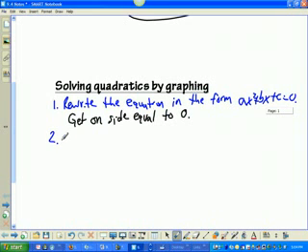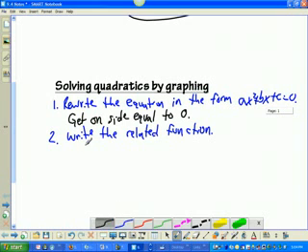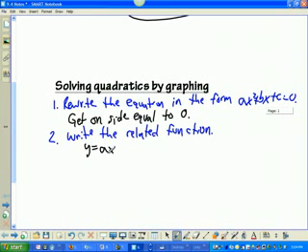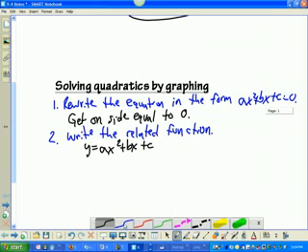Step 2 is we're going to write the related function. Remember, the related function is when you just replace 0 with y. So it's going to look like y equals ax squared plus bx plus c.